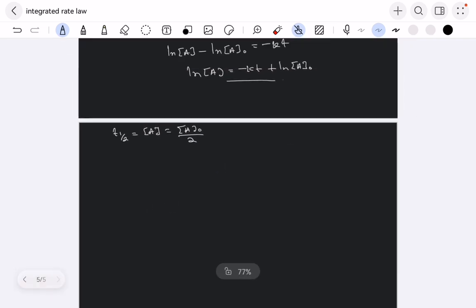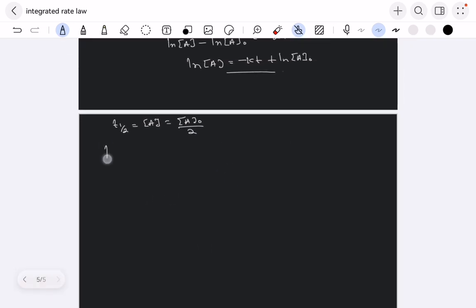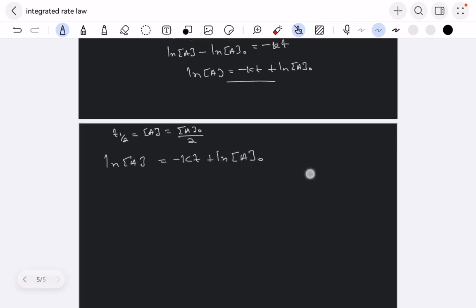So looking at the equation, ln A is equal to negative kt plus ln A naught.